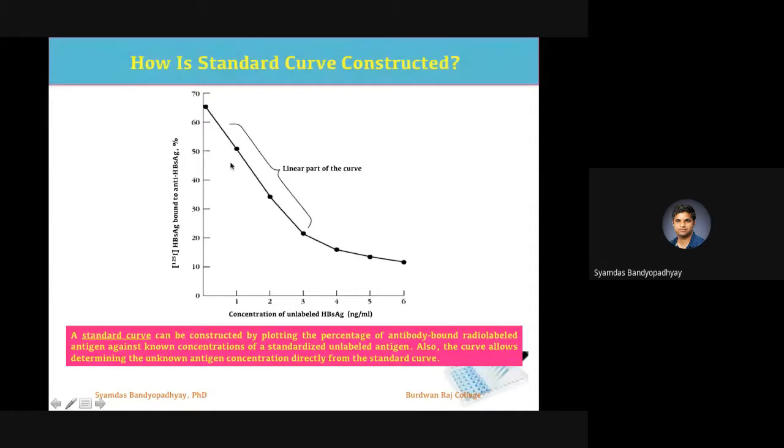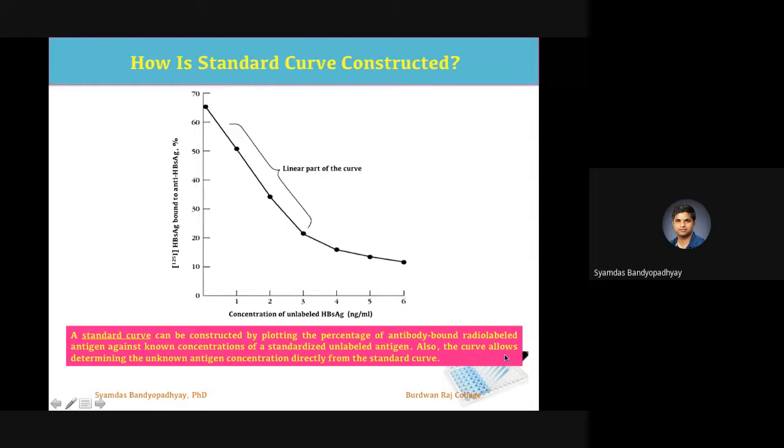So here you have used 1, 2, 3, 4, 5, 6, 7 known concentrations of the cytokine, right? So that makes the standard curve. A standard curve can be constructed by plotting the percentage of antibody-bound radiolabeled antigen against known concentrations of a standardized unlabeled antigen. So here you have taken 1, 2, 3, 4, 5, 6, 7 known concentrations of unlabeled antigen.